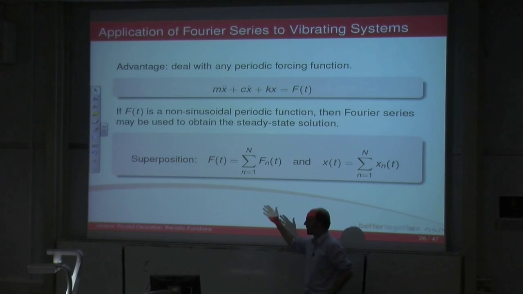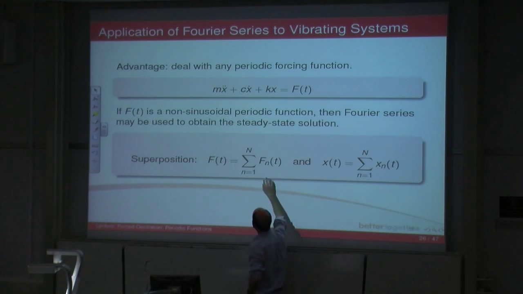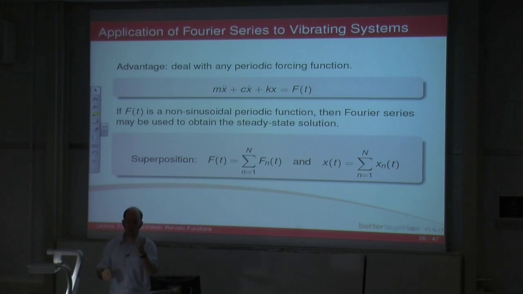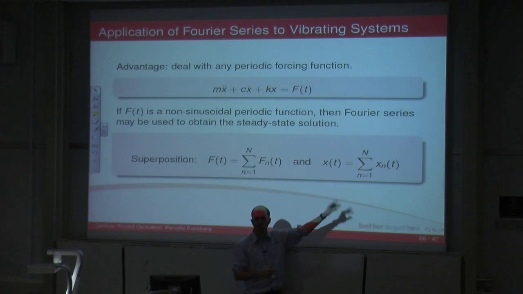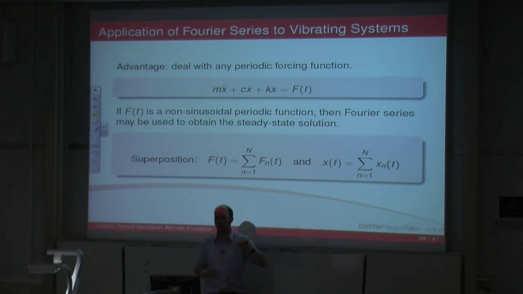And so you can apply the same logic with Fourier series, because the Fourier series is made up of sines and cosines, okay? So each of those sine or cosine terms will be one force. And so you can solve for each of those forces and then add up those solutions to get the complete solution. Okay, so it's the same principle being applied. So that's what we're going to do.